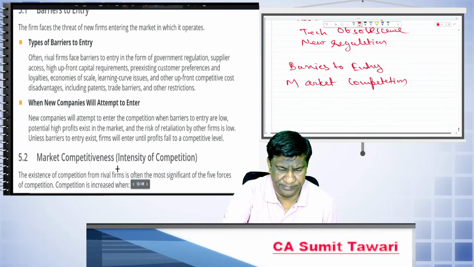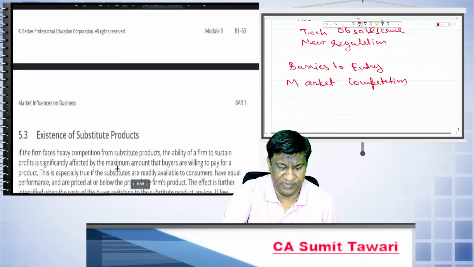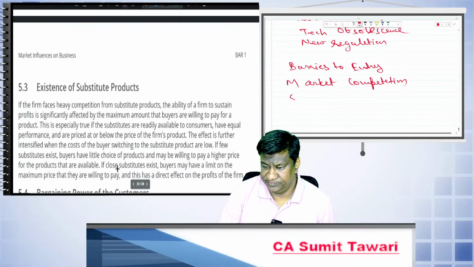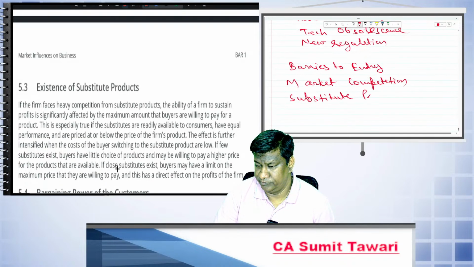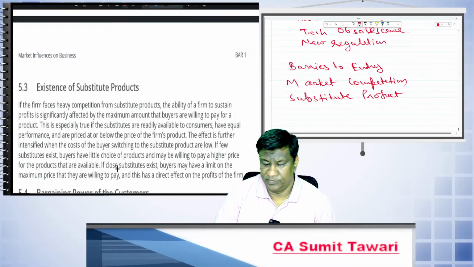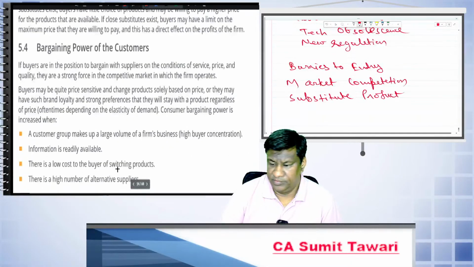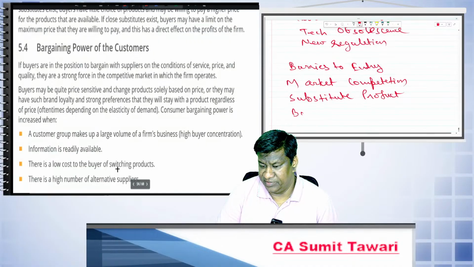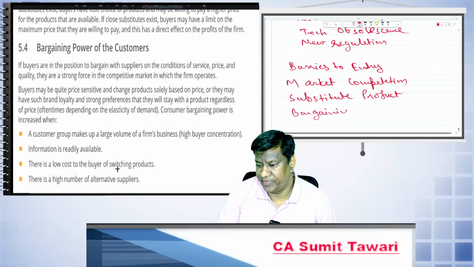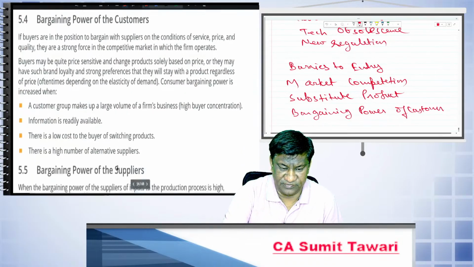third substitute product, bargaining power of customer, and the last one is supply.